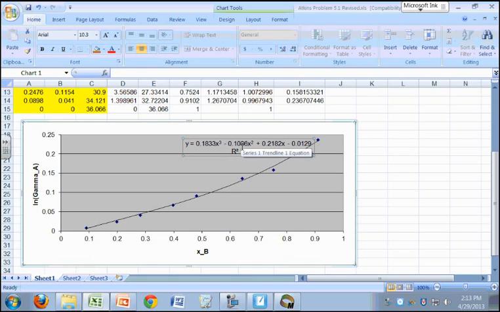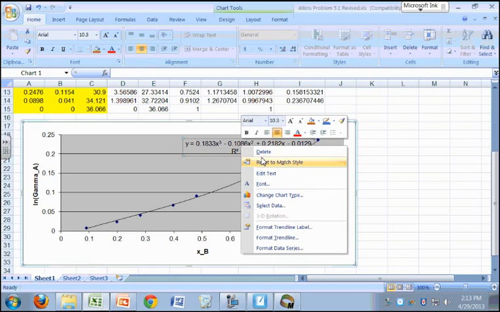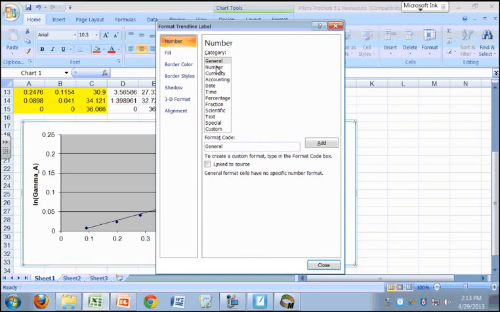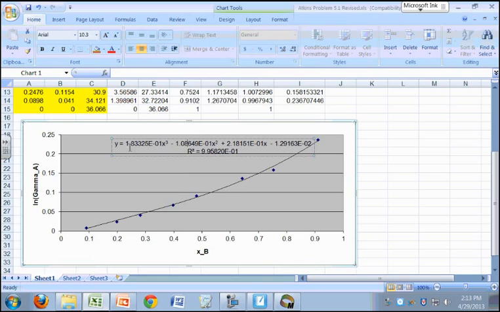To minimize round-off errors, it's best to format your trend line label so that the numbers are shown with as many sig figs as possible. So I use 5 sig figs, scientific notation, and you can see those are the coefficients. So this is a x cubed plus b x squared plus c x plus d. I copy that to a MathCAD document.